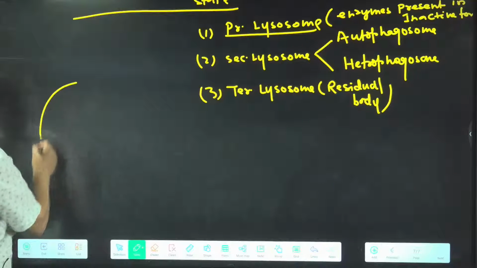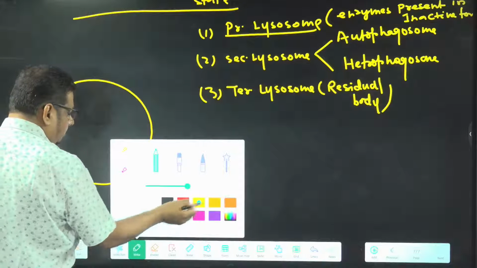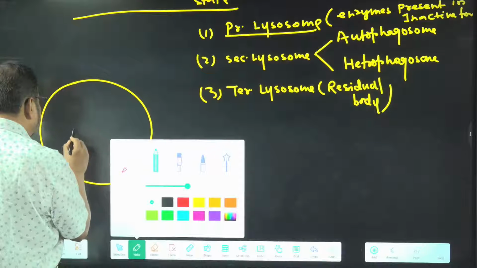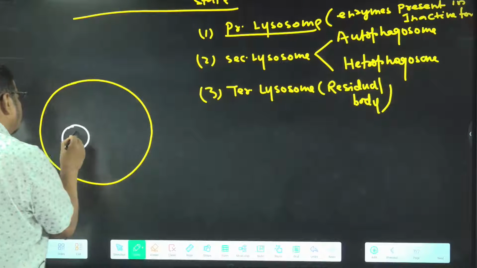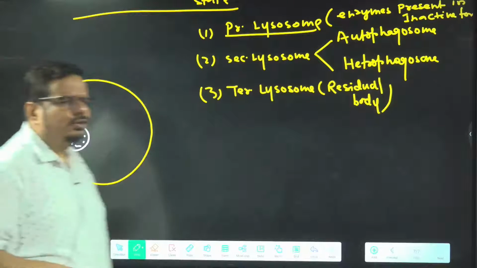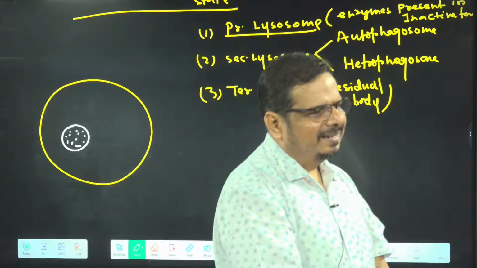Suppose that this is a cell, and this is the primary lysosome. You know now how it formed? It formed by fusion of many vesicles of Golgi body. Agreed?